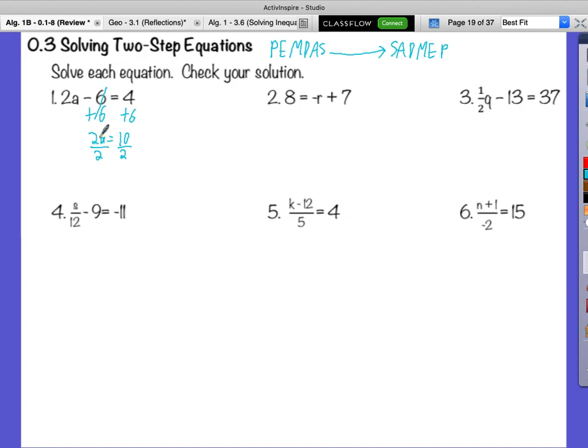Multiplication. They undo each other. So a is equal to what number, Sierra? Yes, a is equal to 5. Very good.